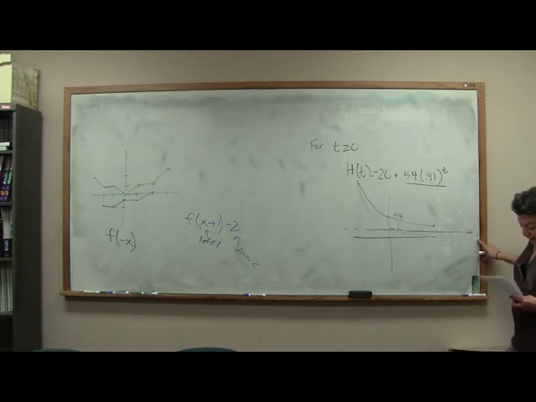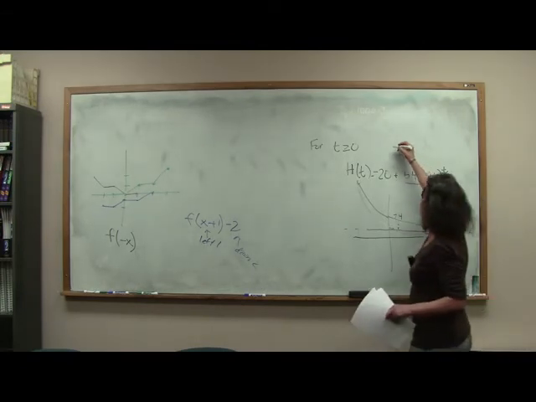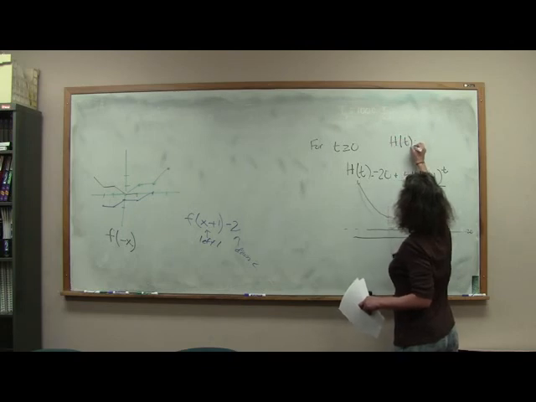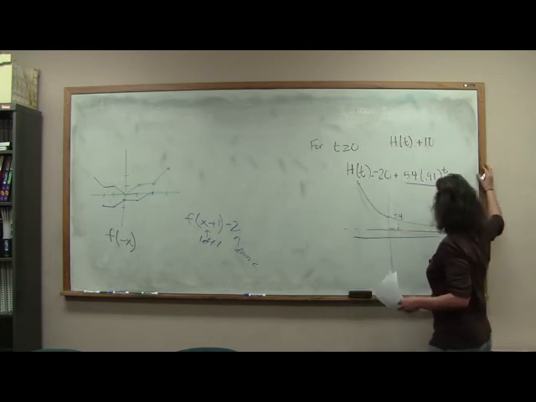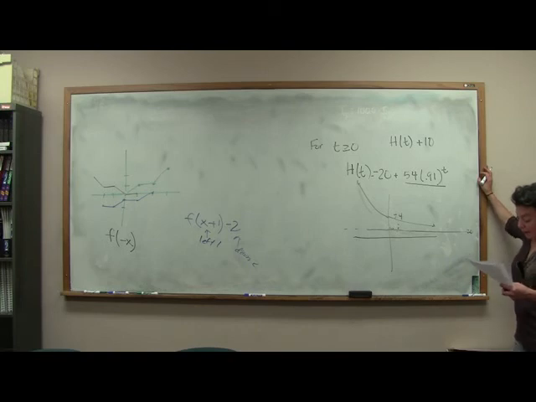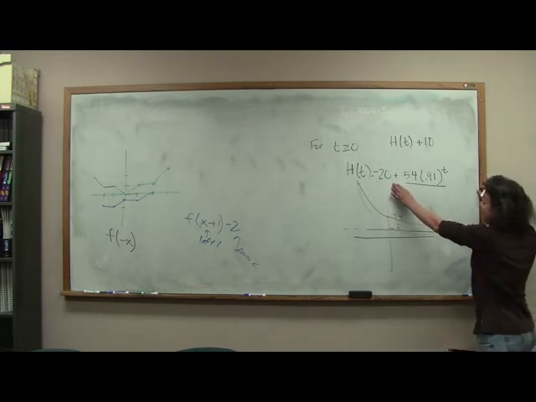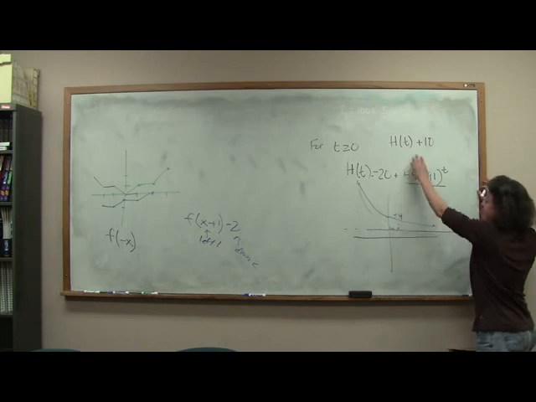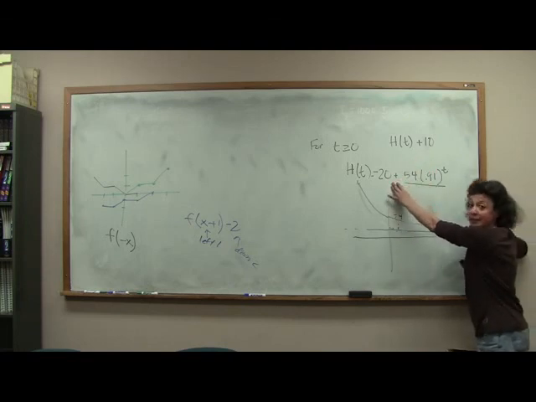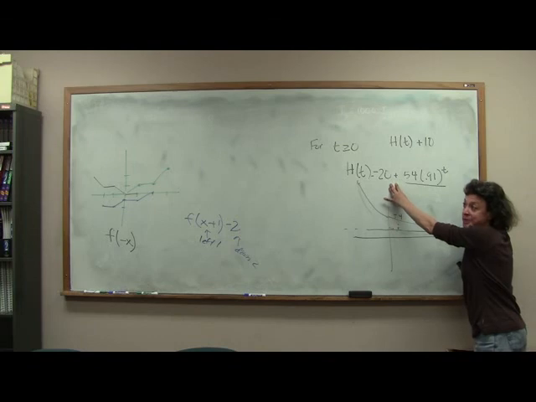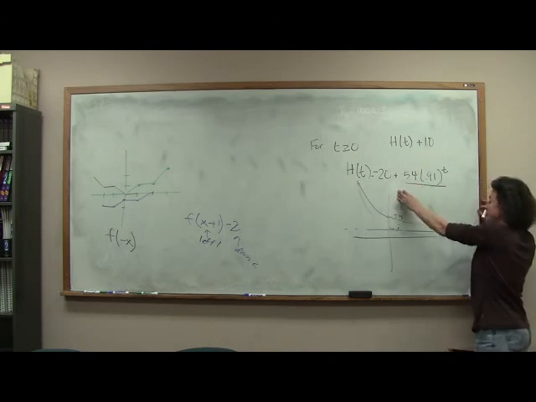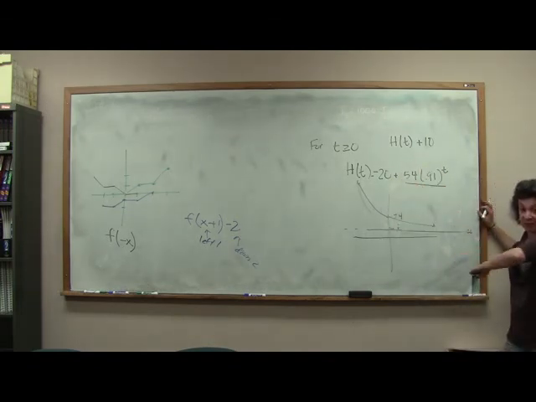So, if I ask you, what is the practical meaning, say, of h of t plus 10? Well, what that means is essentially we're just going to add 10 more to this function. So instead of approaching 20 degrees Celsius, which is room temperature here, it's going to approach 30 degrees Celsius.